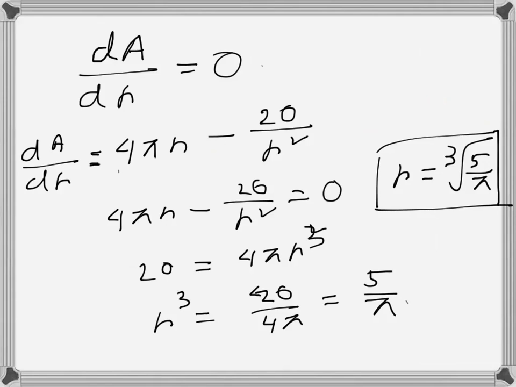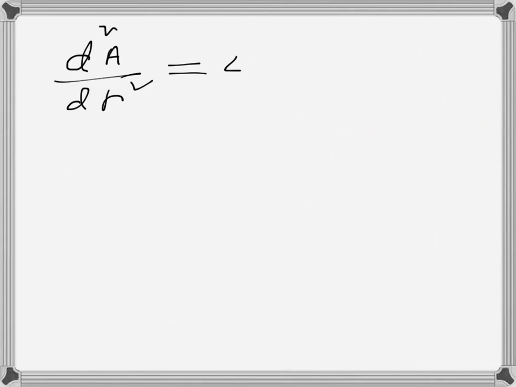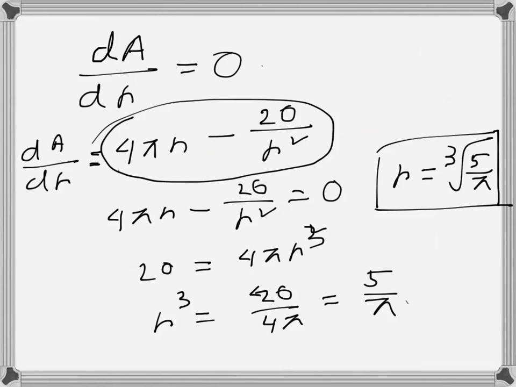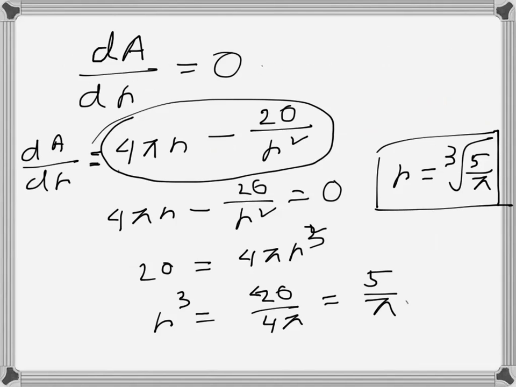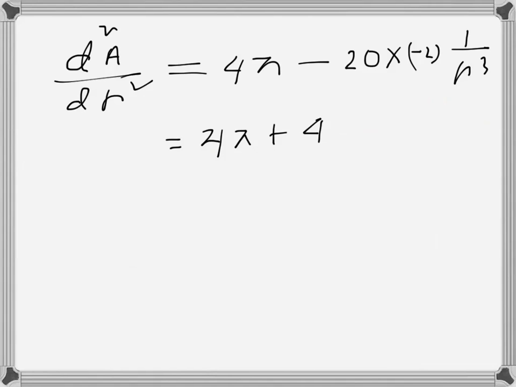So we differentiate this expression again, and this time it becomes 4 pi, and the second term becomes positive, so it's 20 times 2, negative 2, and r to the power minus 3, so it's r cube. So it becomes 4 pi plus 20 into 2, so that's 40 over r cube.